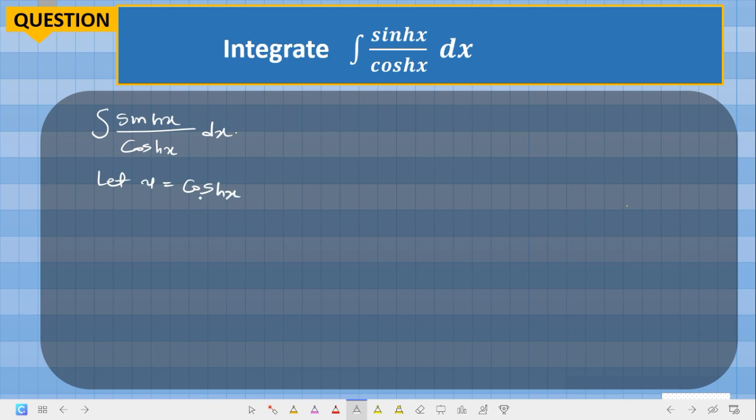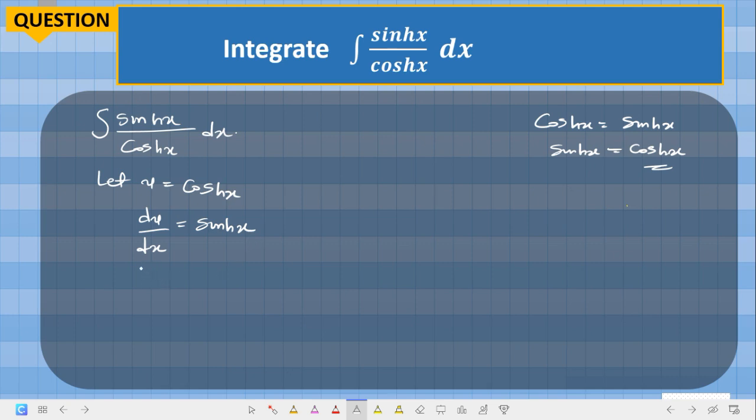Let u be equal to cos x, and then differentiating u with respect to x, du over dx will be equal to sin x. Whenever you differentiate cos x, it's going to give us sin x.